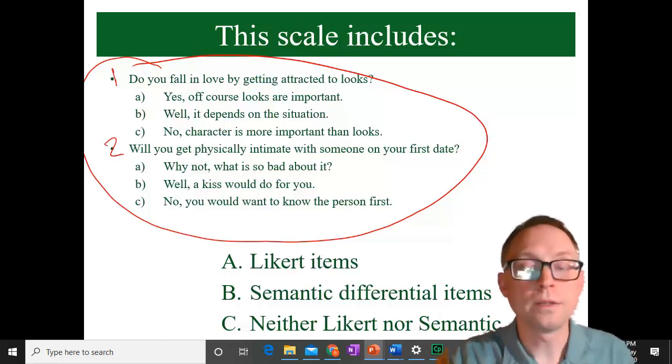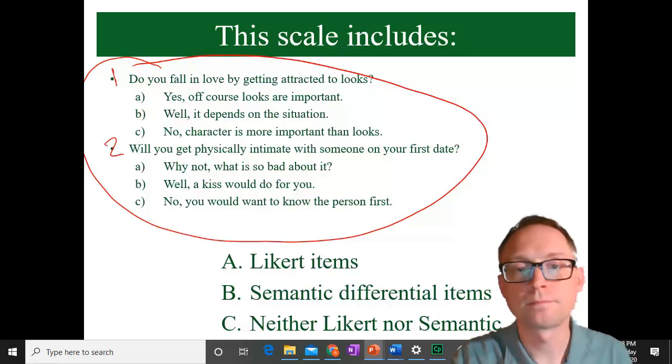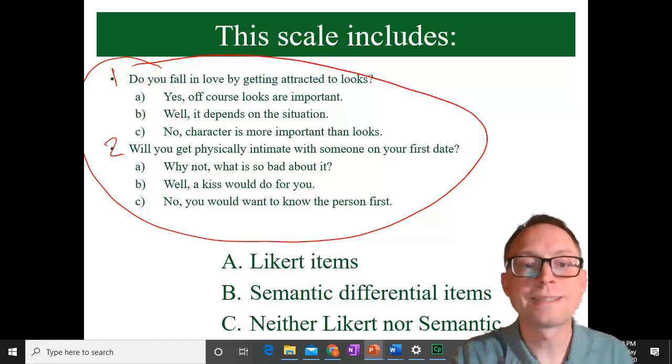In this particular question, I want you to answer right now, what kind of items are in this scale? Likert items, semantic differential items, or neither? This scale is neither.